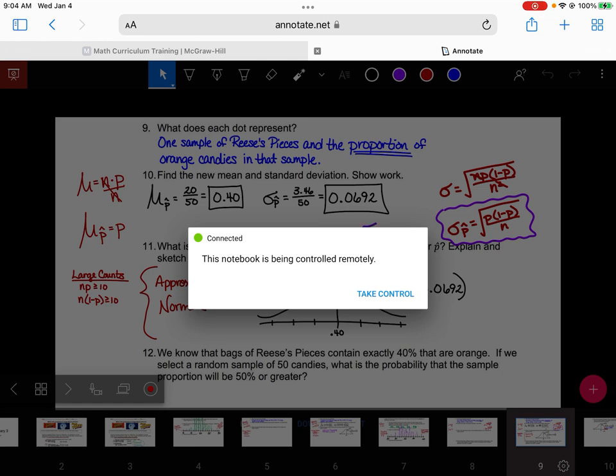Sigma for p hat is equal to sigma over the square root of n. So if I have a sample from a population and I know what the standard deviation is for that population, that's what we did right here.